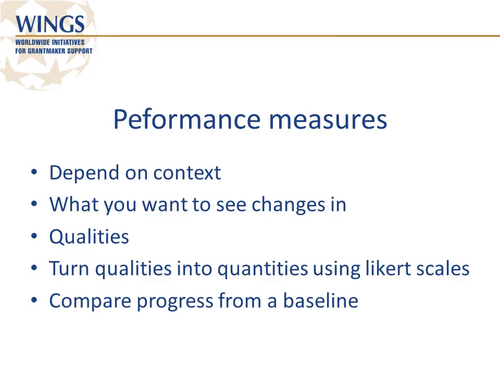The simplest kind of Likert scale is where you make a statement: do you enjoy pasta very much, a lot, quite a bit, a little, not very much? Those qualities of assessing pasta can be turned into numerical scores, and you can begin to compare progress from a particular baseline.